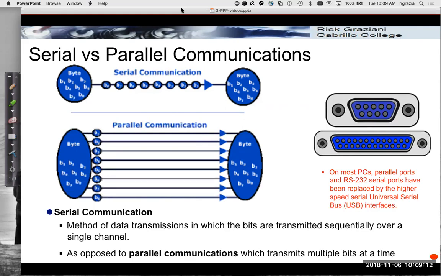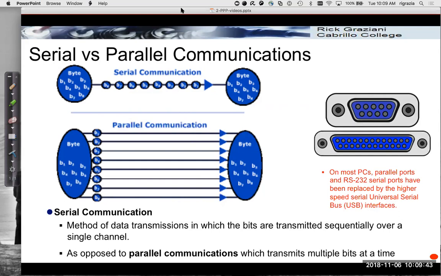A lot of times we used serial ports for connecting to things like, wow, in the old days, the mouse, some printers, but then we moved to parallel ports to send data to the printer, because parallel communications, being able to transmit multiple bits at a time, we can actually, in a short distance, send data faster over a parallel link than we can serial.